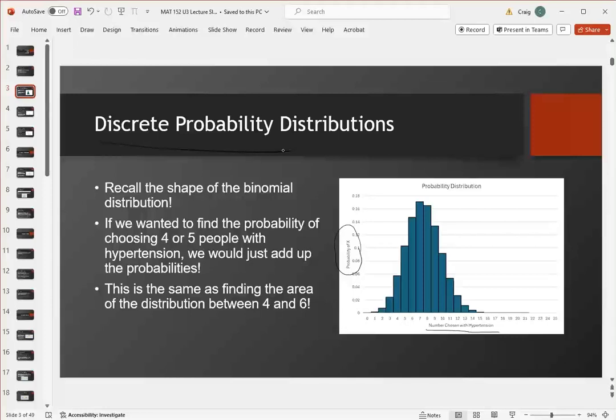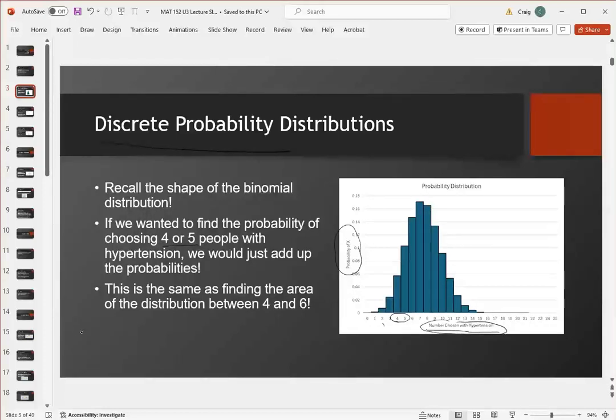And all that means is discrete just means that these x values here can only be discrete numbers, right? It can only be 1, 2, 3, 4, 5. Okay. If we wanted to find the probability of choosing just 4 or 5 people, right? So we want to know what's the probability, right, that we choose somebody in this range. Well, if you remember from last week, all we would do is we would just add up those probabilities, right?